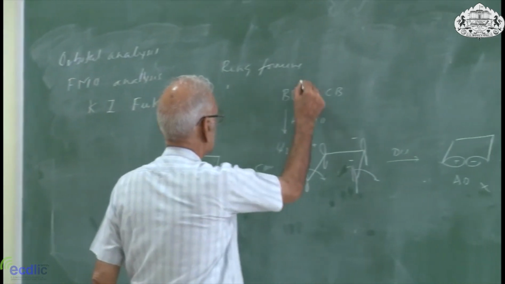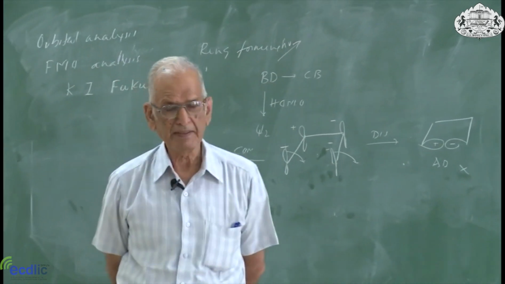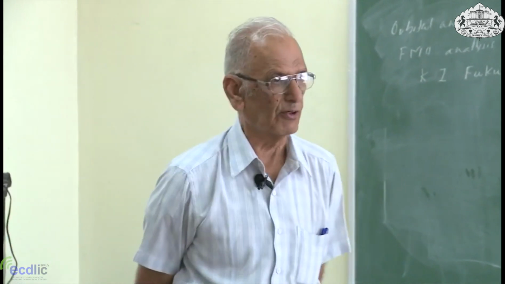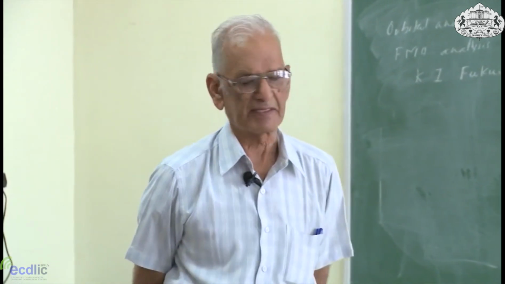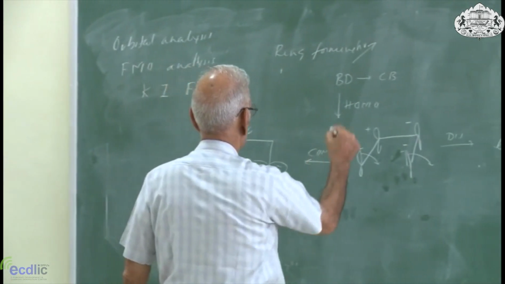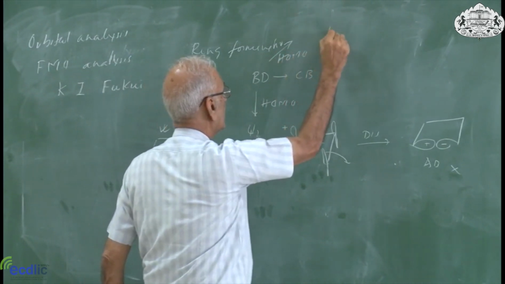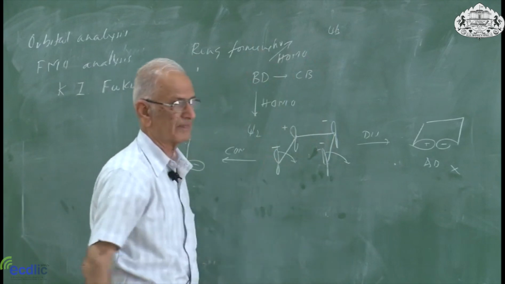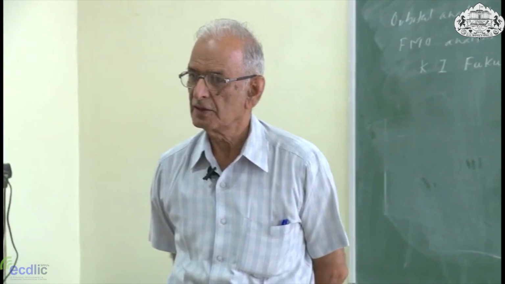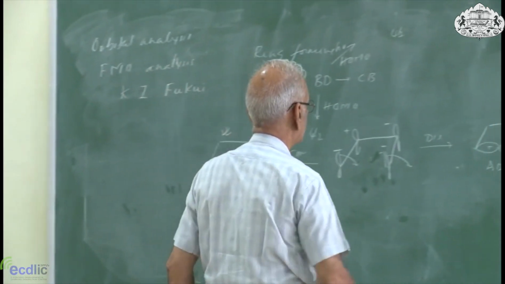If I look at the photochemical reaction, what will happen? Electron from the highest occupied molecular orbital will go to the lowest unoccupied molecular orbital. So, the HOMO of the photochemical reaction is going to be psi 3, which was your original LUMO. So, what is the sign of psi 3?